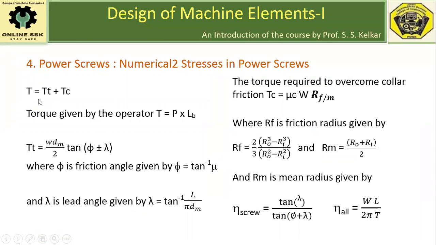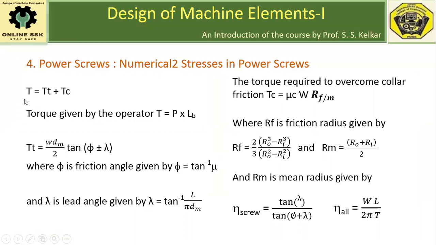Inside the theory of the power screw, we have studied how to find out the total torque required to operate the application, which is given by Tt plus Tc. Total torque required to operate the application is given by summation of torque required to raise the load, or torque required to overcome the thread friction Tt, plus the torque required to overcome the collar friction Tc.